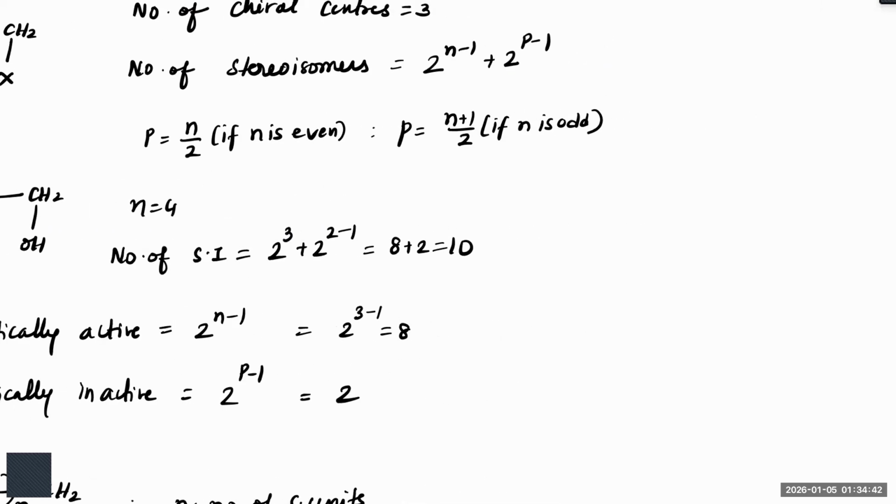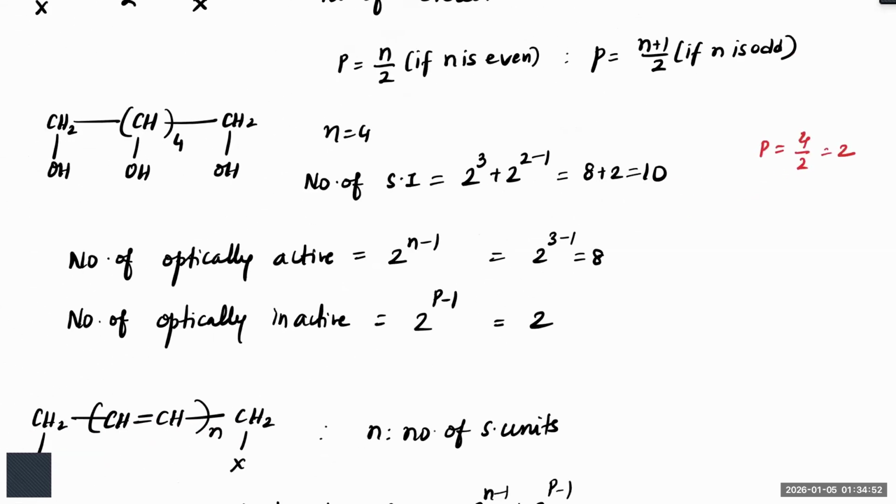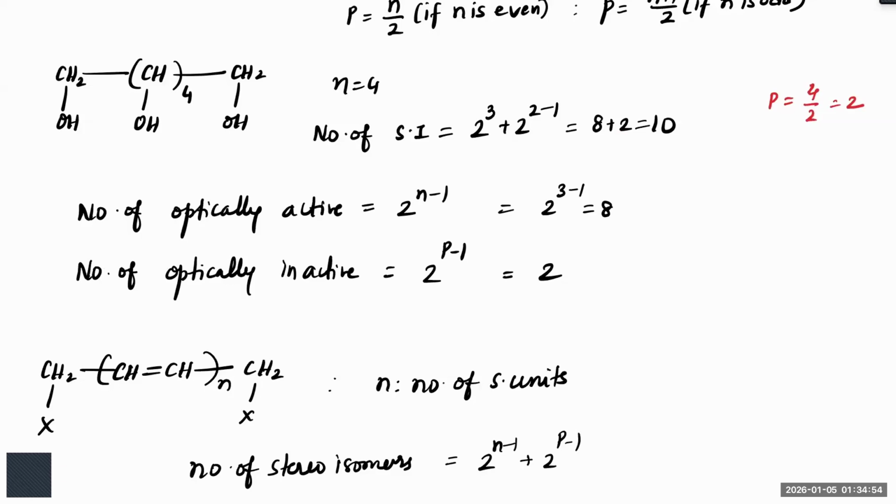Check out how we calculate P. P will be equal to the number of chiral centers, which is 4 by 2. So that makes it 2. The number of optically active isomers will be 2 raised to power of n minus 1. Optically inactive is 2 raised to power of p minus 1. These are the inactive ones. So active isomers are 8, inactive isomers are 2.